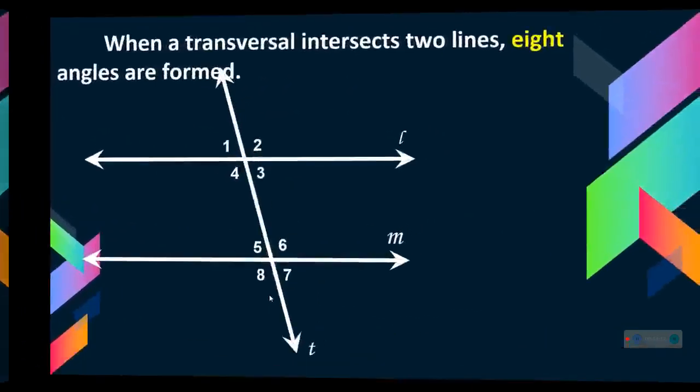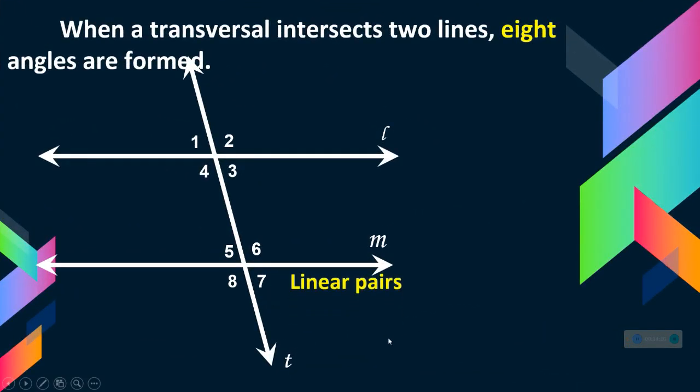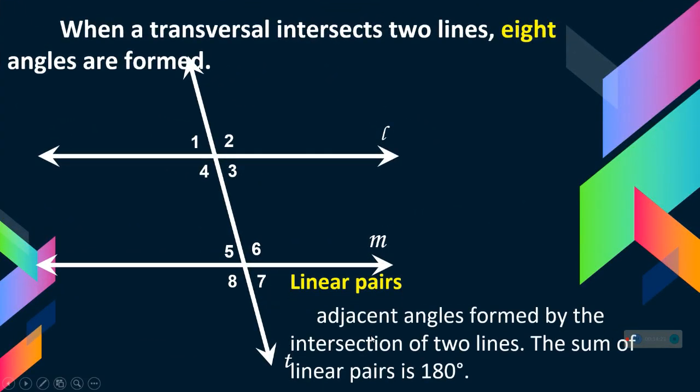While we also have the linear pairs. Linear pairs and supplementary angles are almost the same, but we have to take note that linear pairs are adjacent angles, unlike supplementary angles, which may be non-adjacent.